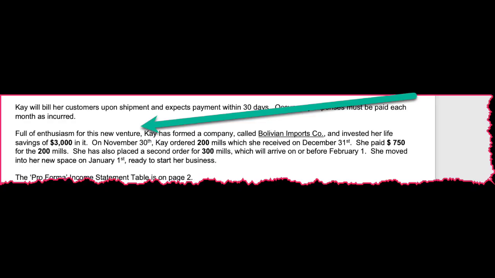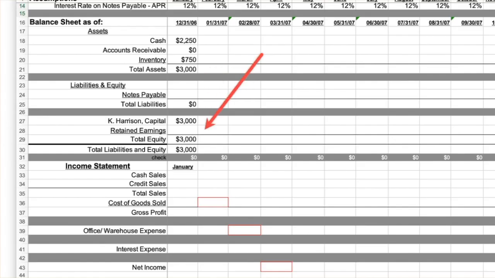You may recall K invested $3,000 in the business. She's the sole owner of the business, so she put $3,000 in. So if you want to do the debits and credits, that meant she debited cash for $3,000 and she credited owner's equity for $3,000.